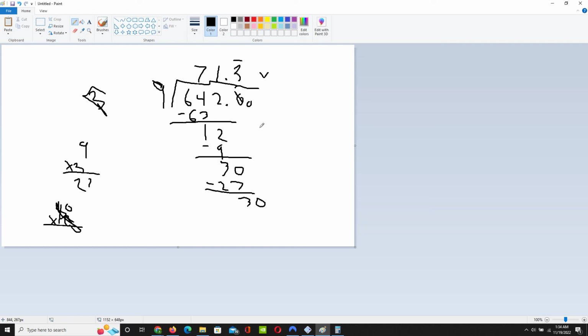But I would say it's important to add the 0. Why? Because it reminds you to add whatever you multiplied up here, so you don't get lost. So: decimal, add a 0, drop it down. You used it, add another 0, drop it down.